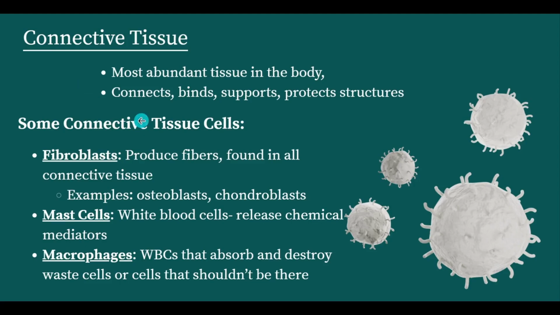What connective tissue does is it connects, it binds, it supports, and it protects all the other structures in the body. We're going to go over where all your connective tissue is. You're going to be really surprised. But here's some other kinds of connective tissue cells that are not part of the 5 that I just told you I'm going to tell you about.